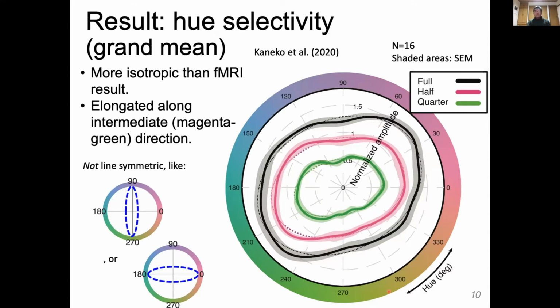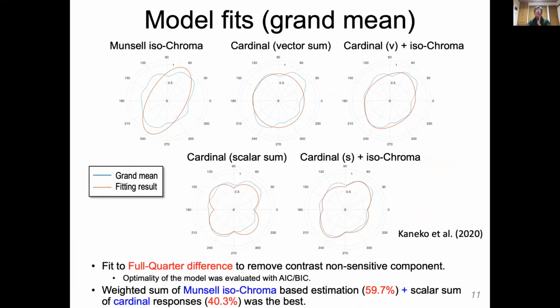So in order to confirm which kind of underlying mechanism could evoke this kind of hue selective profile, we tested the model fitting by assuming 3 types of different models, and their combination.